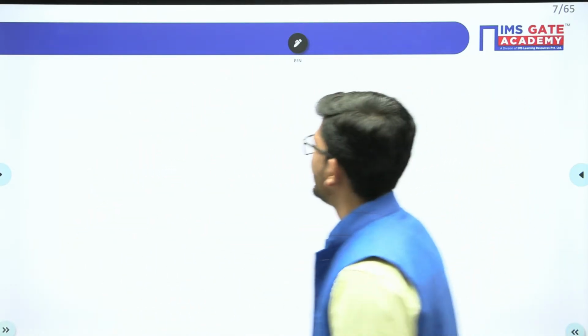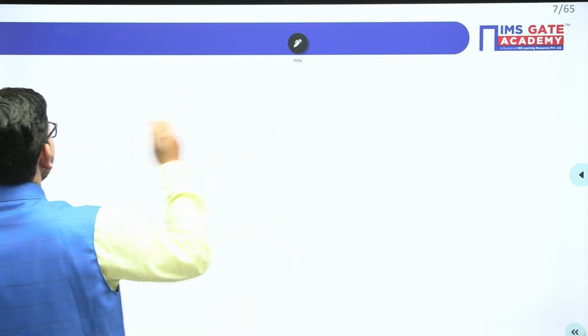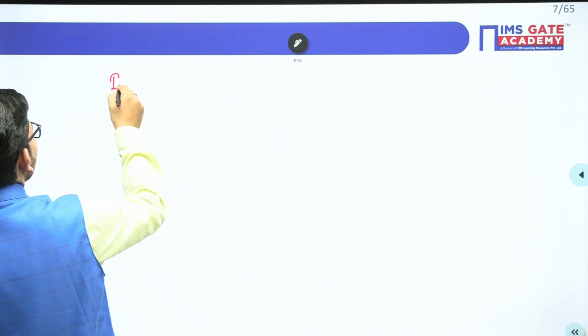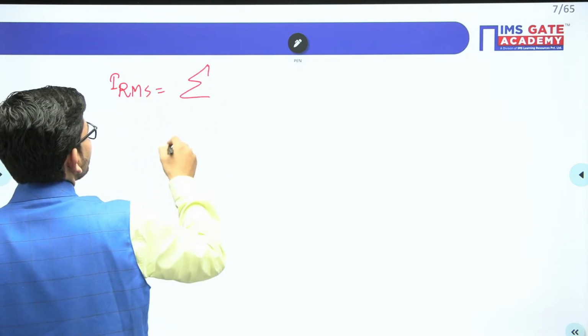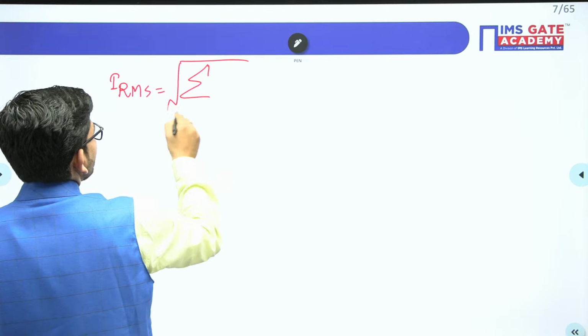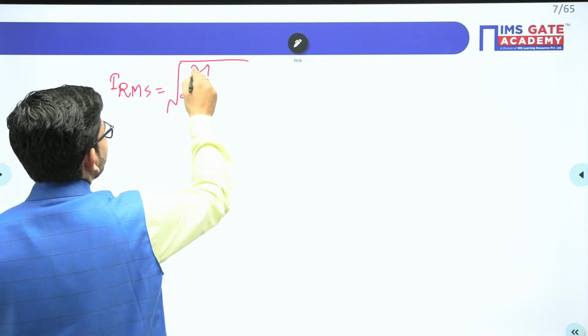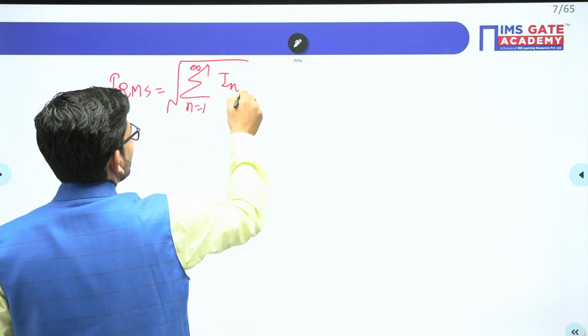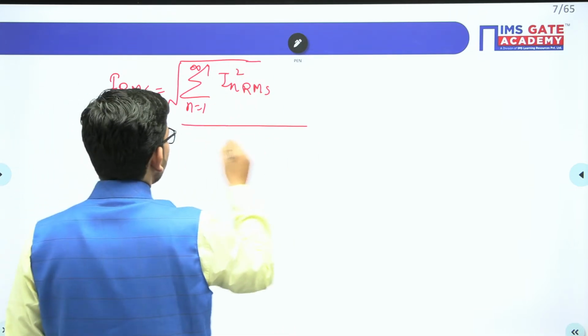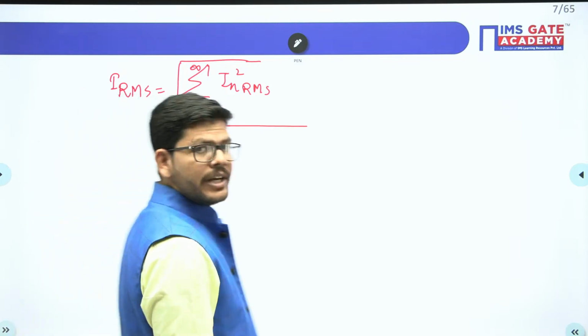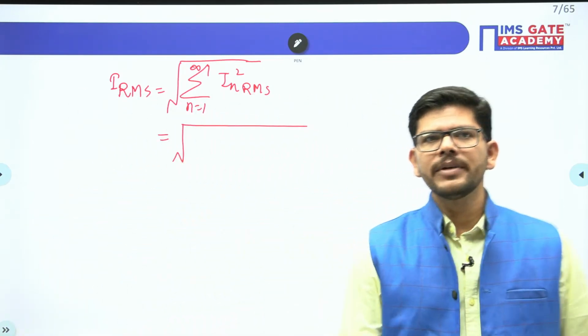One more thing I would like to tell you: if the current has multiple harmonics, you can calculate the RMS value of current by this formula: under root, n equals 1 to infinite, I n RMS square. So you calculate the individual RMS values.